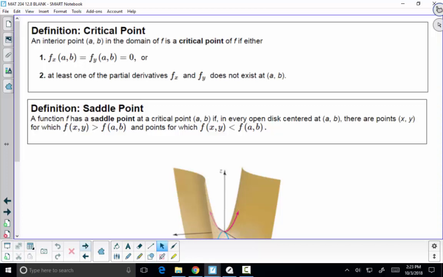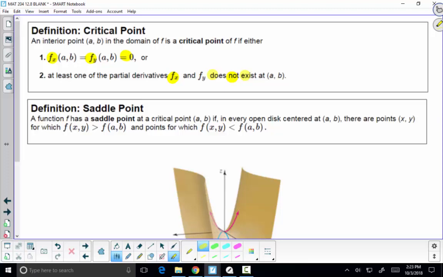So we have two possibilities for a critical point. Either both partials are 0, or one of them does not exist. So if one of them doesn't exist, it's a critical point. If both are 0, it's a critical point.